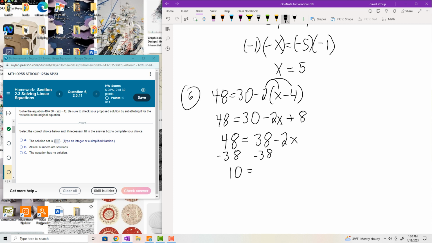On the right-hand side, I just have now negative 2x. And finally, use the multiplication property. Whatever's in front of x, that's what we're going to divide by here. 10 divided by negative 2 is negative 5. On the right-hand side I have x, and usually we like to write that with the x on the left.